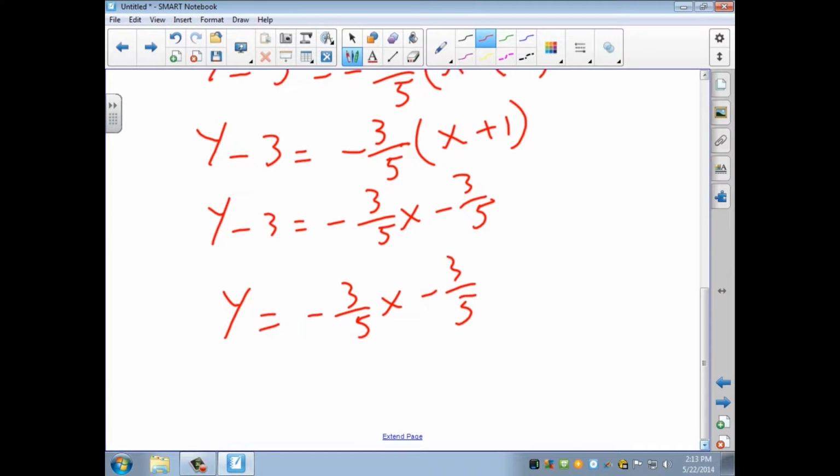Now take this minus 3 to the right hand side, it would become plus 3. Therefore, y is equal to minus 3/5 x. Now I combine these two together, minus 3/5, and instead of 3 I can write it as 15/5.